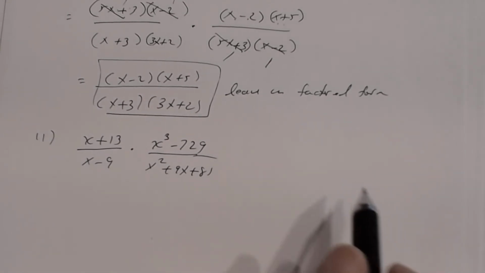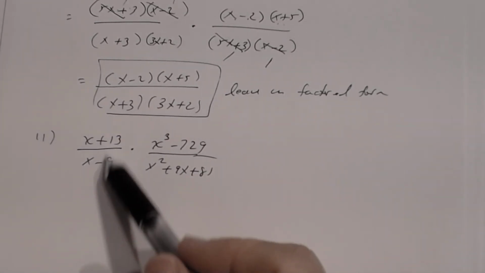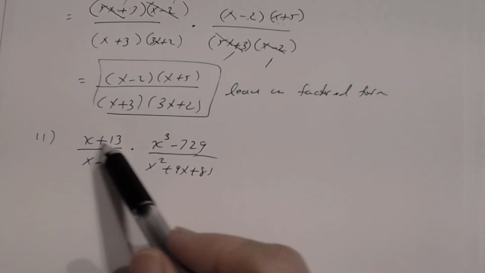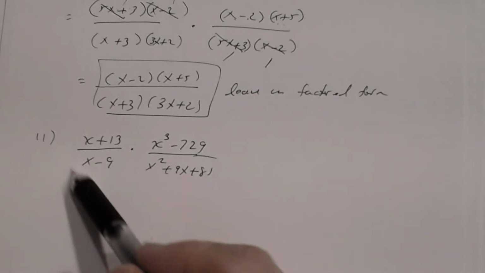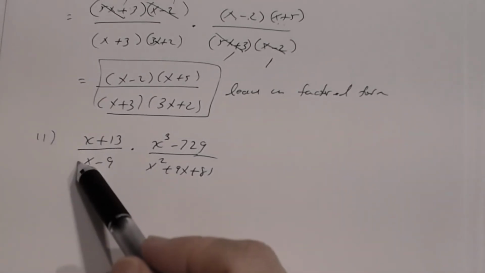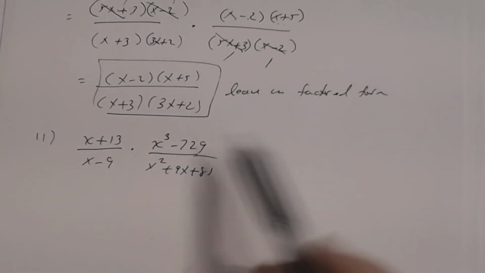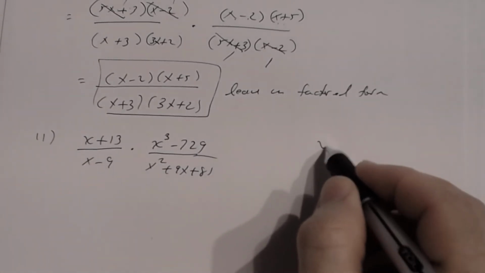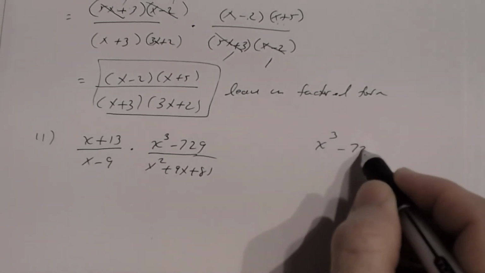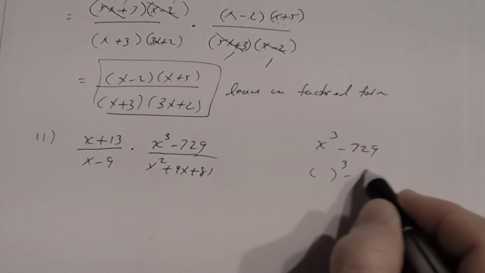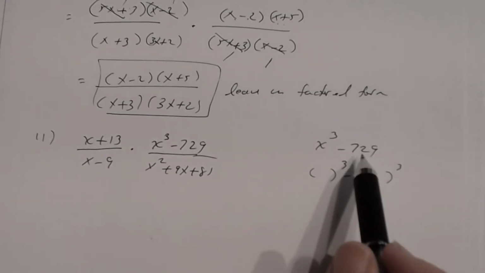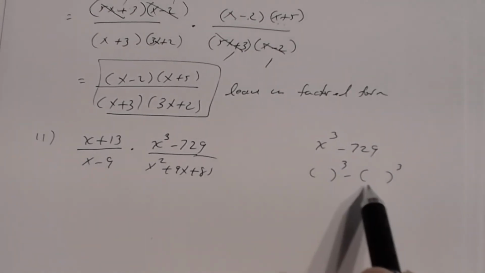Okay? All right, so these are linear factors right here, and then the GCF is 1, so I cannot factor these two. Here it looks like this is the difference of two cubes. So let's go off to the side and make sure that's correct. So we got to fill in these parentheses. If this is the difference of two cubes, then I can fill this in.